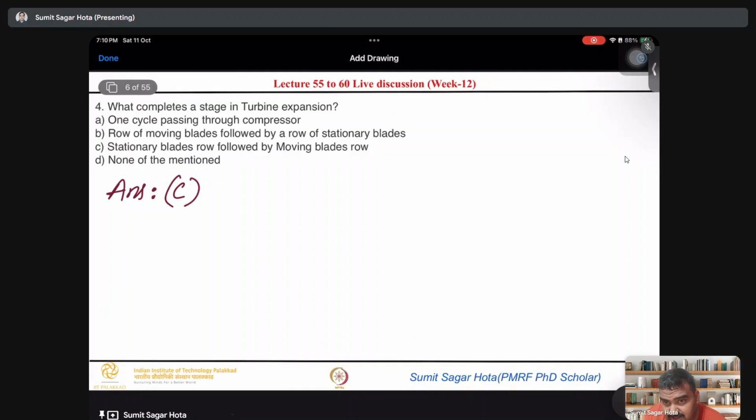Answer is C. The stationary blades row followed by a moving blade row. This completes a stage.